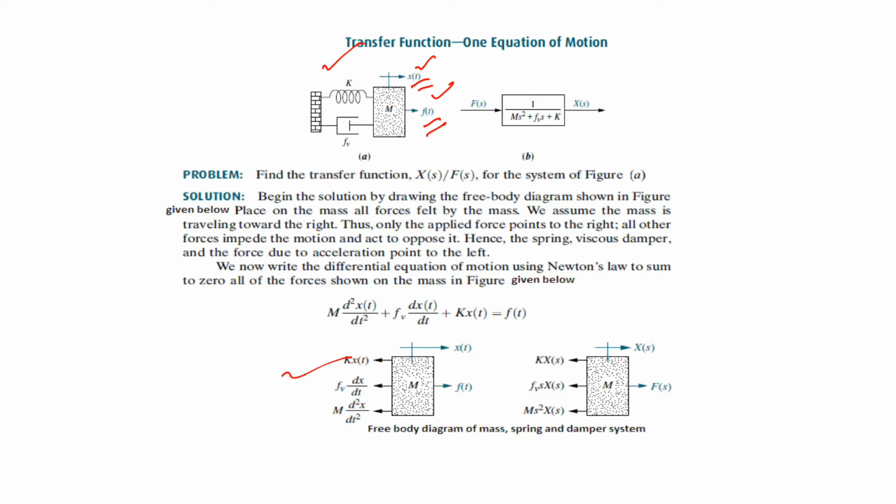The applied force acts on the mass. Let us assume that this mass is traveling towards the right and the applied force points to the right. All other forces impede the motion and act in the opposite direction: this one due to the spring, this one due to the viscous damper, and this one due to the acceleration.